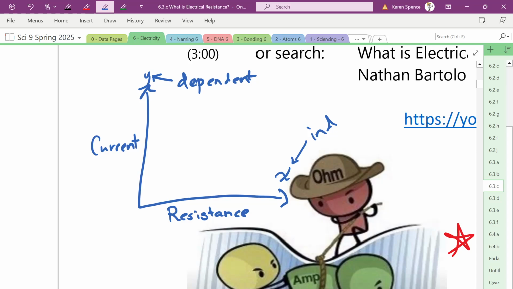Tell your partner what you think the shape of this graph will look like. As we increase the resistance, what happens to the current?